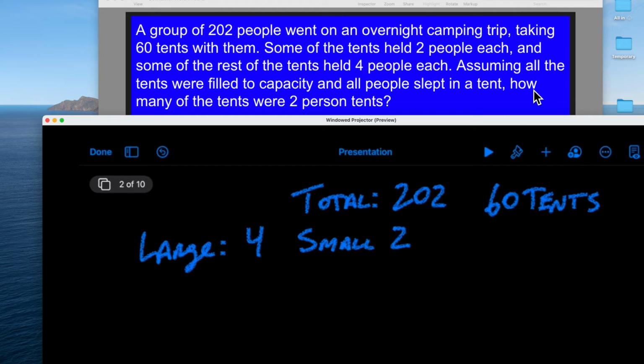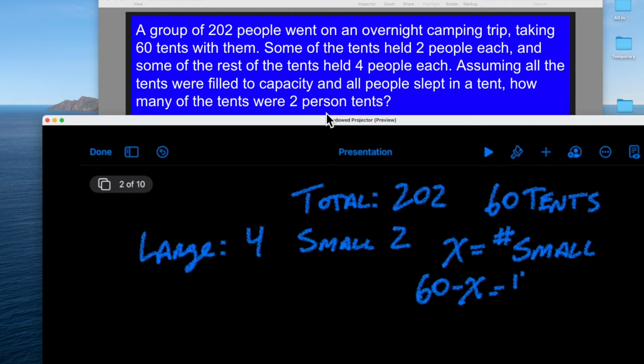We look for these words: how many of the tents were 2-person tents? That's what we're trying to find out. So if we set X equal to the number of 2-person tents, otherwise known as small, then since we have 60 tents, 60 minus X has to equal the number of large.